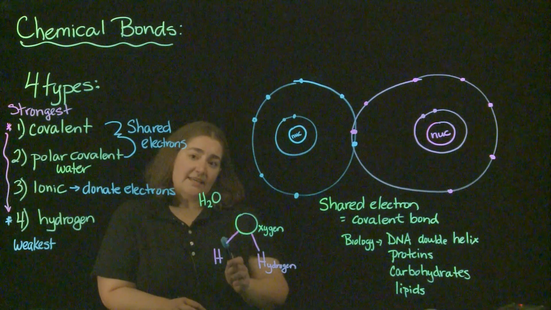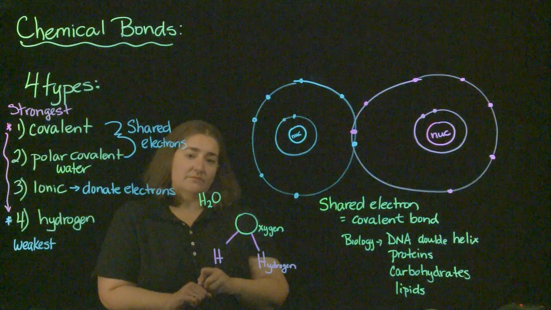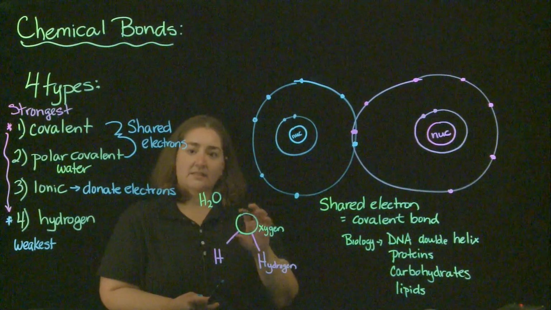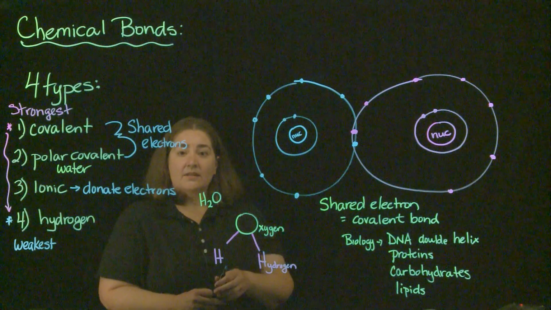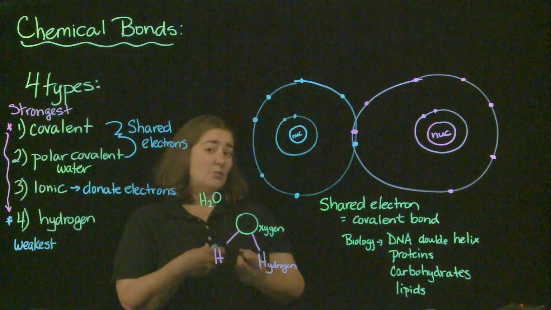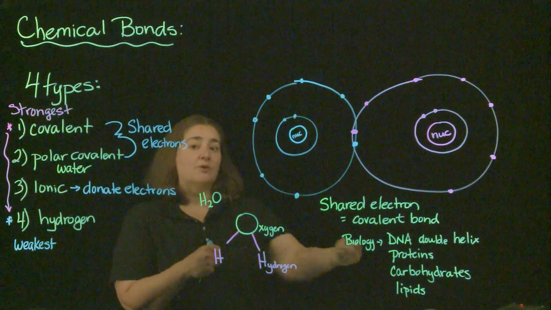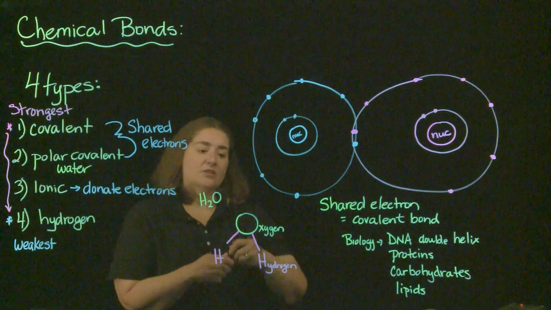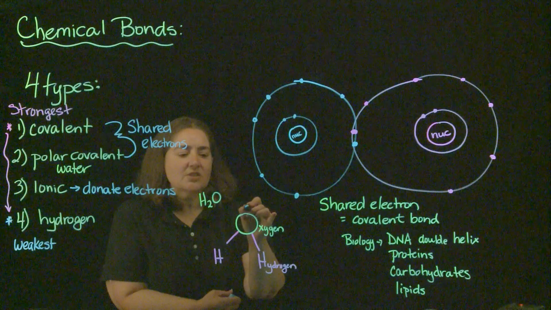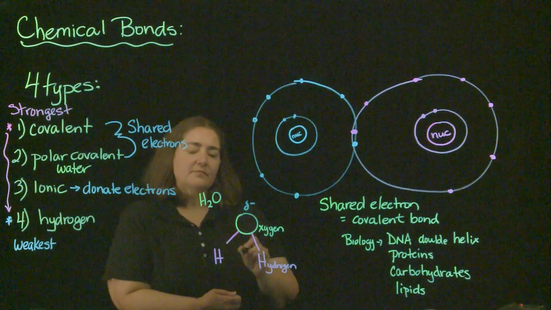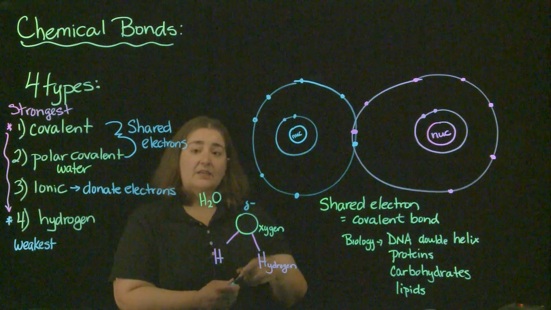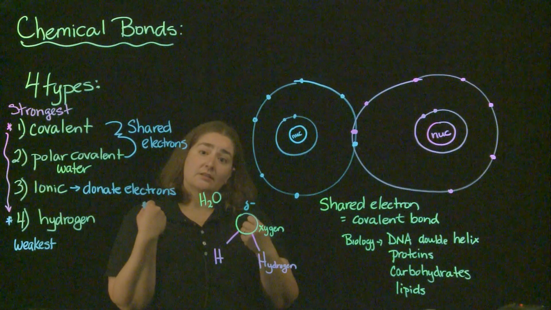But what's unique about oxygen, all right? Oxygen I kind of think of as that selfish kid. That selfish kid that doesn't really want to share their toys but reluctantly does so, okay? That's what oxygen does, all right? Oxygen has essentially a slight negative charge because it's the selfish kid.